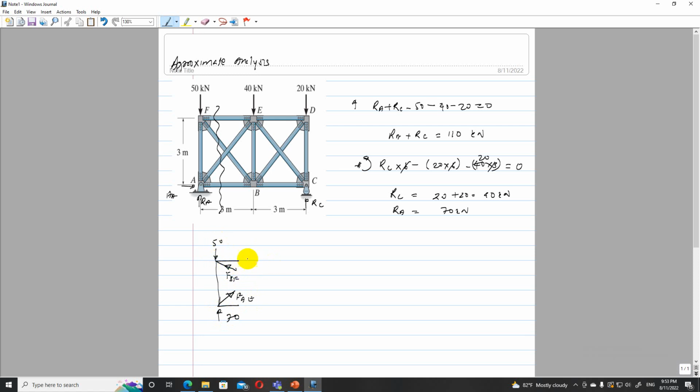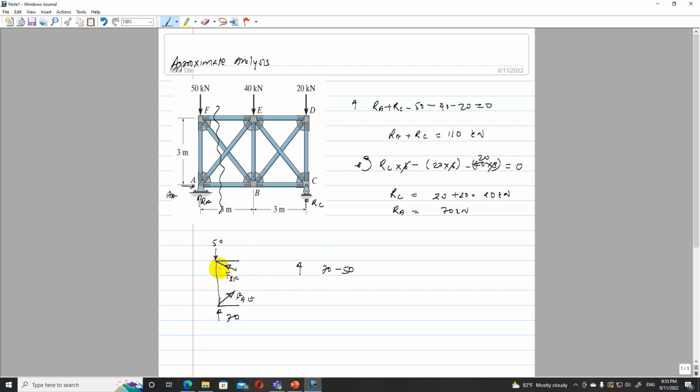So if I take equilibrium at this point where I have cut it, then vertically 70 minus 50, then I have this BF acting in this direction, a compression.